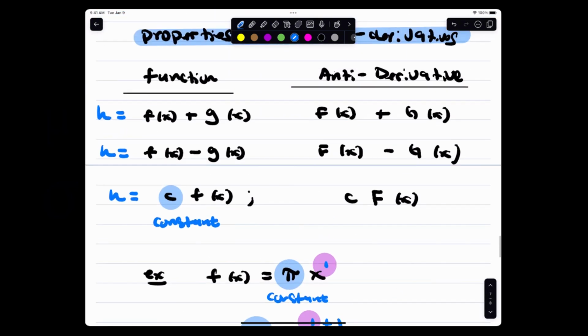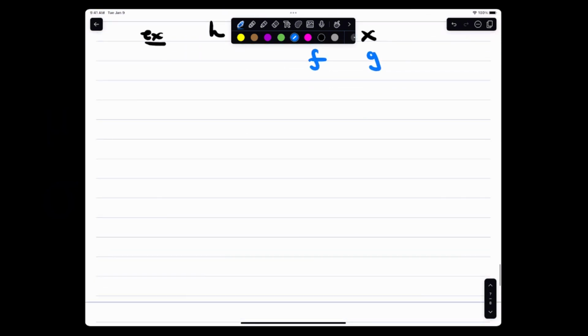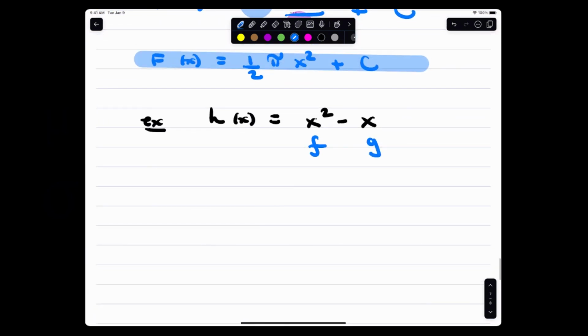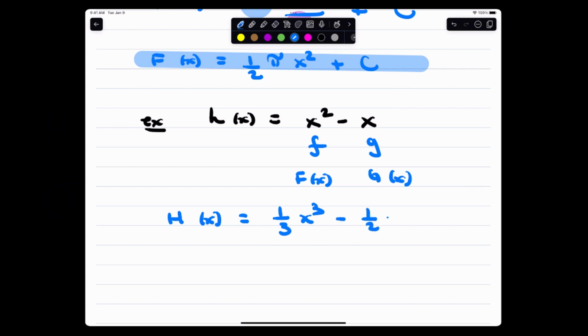Do you guys see my point? So you might say, I need big F, I need big G is my point. You guys okay with that? That's what I'm trying to say to you guys. So that means the antiderivative function big H will be 1/3 x cubed minus 1/2 x squared.